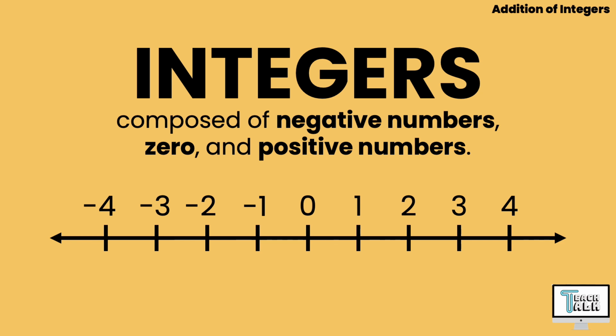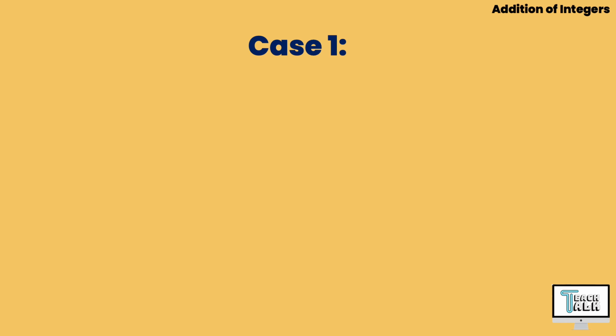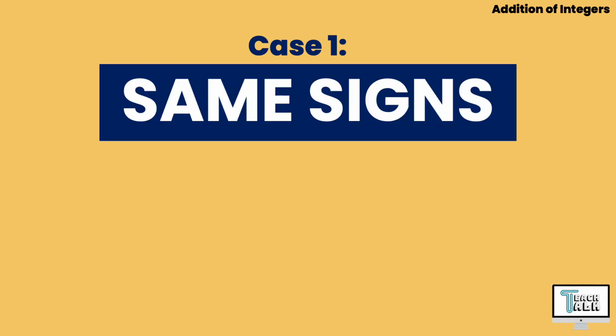Now, when we add integers, we have two cases. Ang first case natin, we have same signs. When we say same sign, meaning pagkapareho sila ng sign. For example, pareho silang negative or pareho silang positive. Diba kanina sabi natin ng integers composed of negative, 0, and positive numbers.